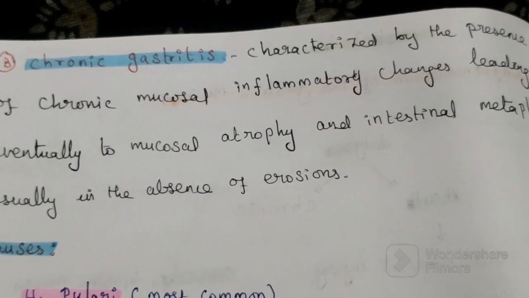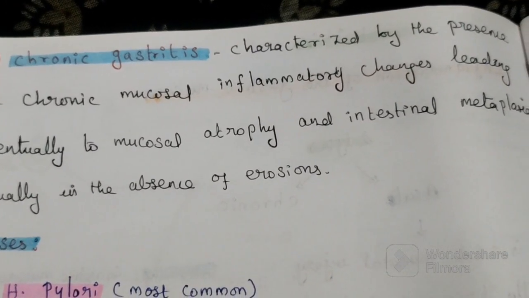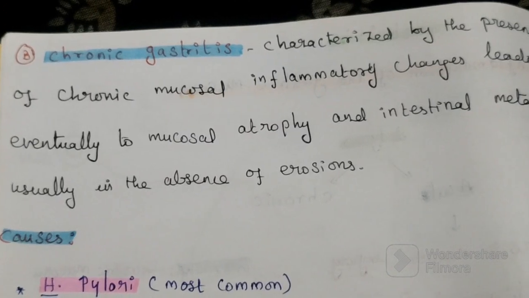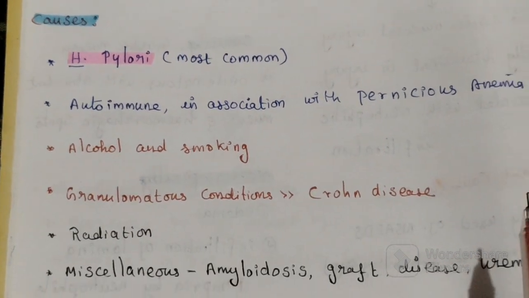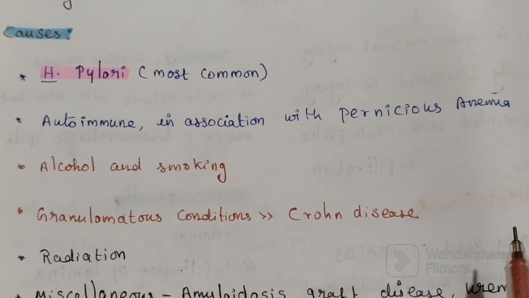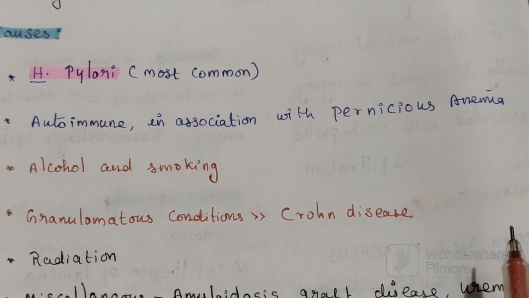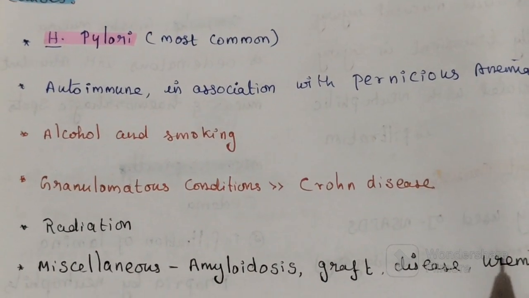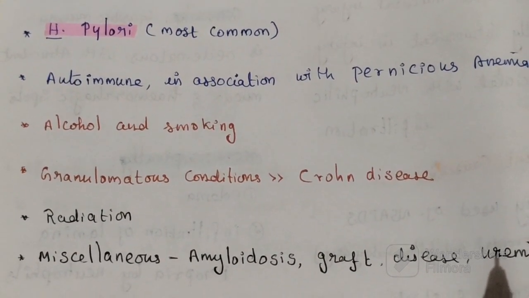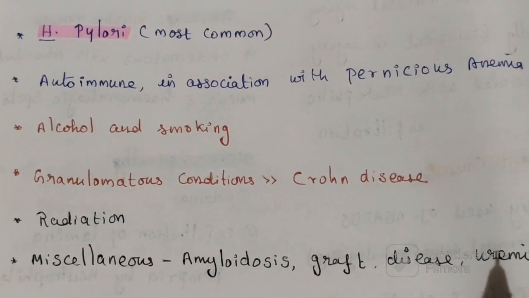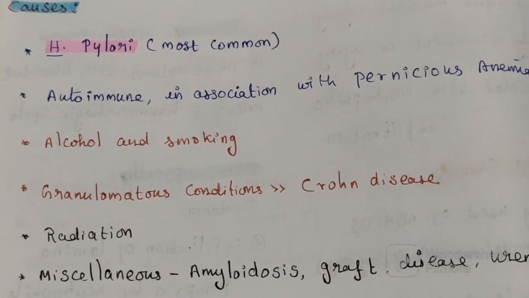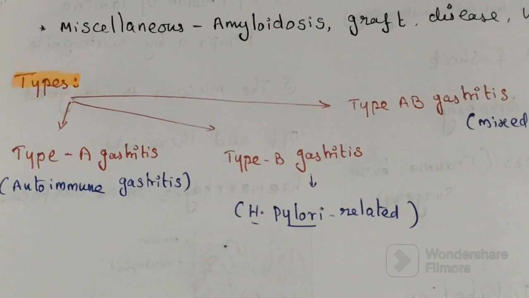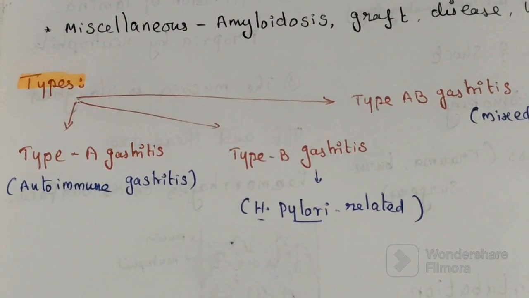Causes: main causes are H. pylori and autoimmune disorder. Other reasons: alcohol, granulomatous condition, radiation, but main because of H. pylori and autoimmune disorders.